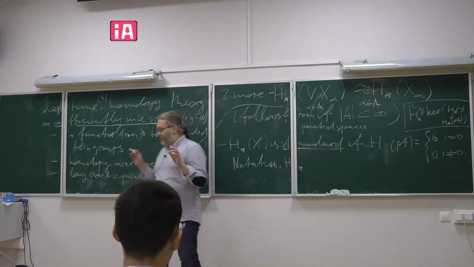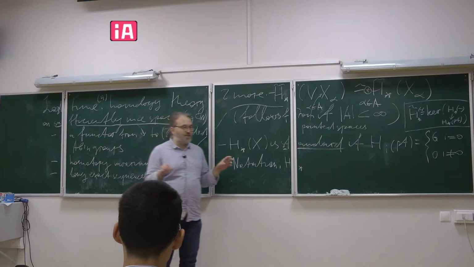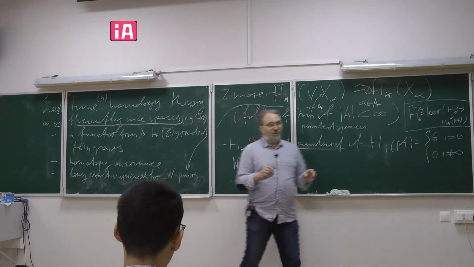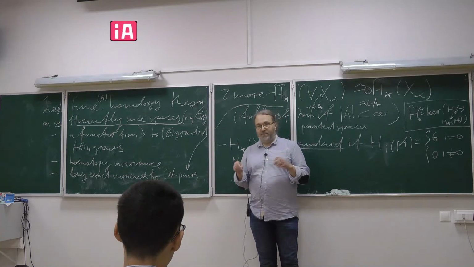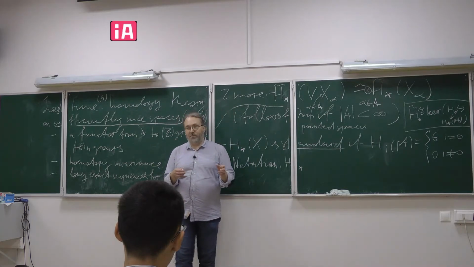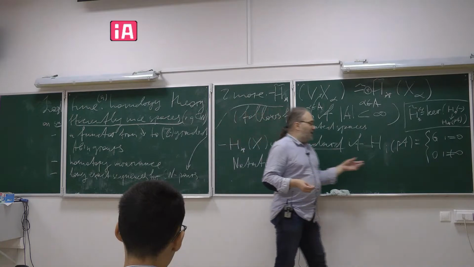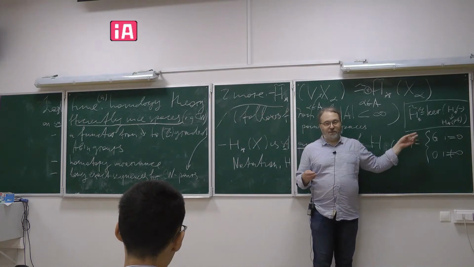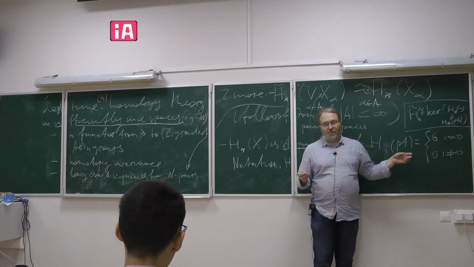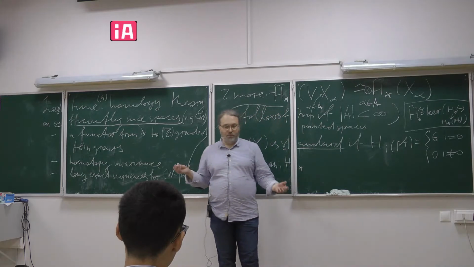But the thing is, for low-dimensional spaces, all differentials in the Atiyah-Hirzebruch spectral sequence vanish for dimension reasons. So we are able to get the answer which works for every homology theory, and this is not true for more general spaces.